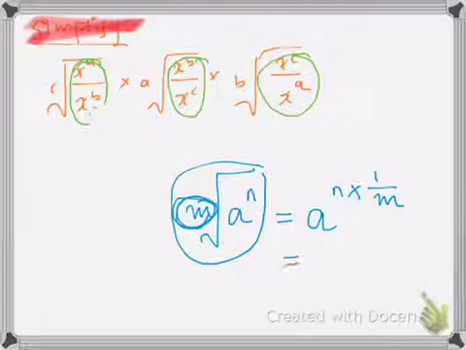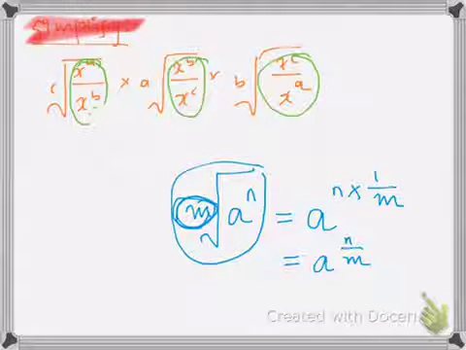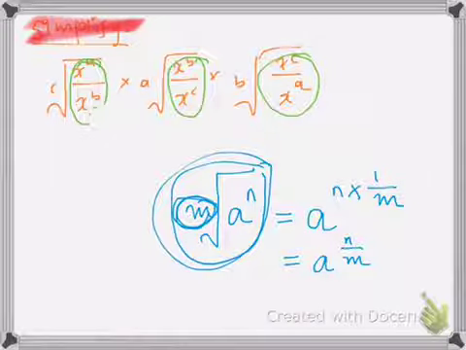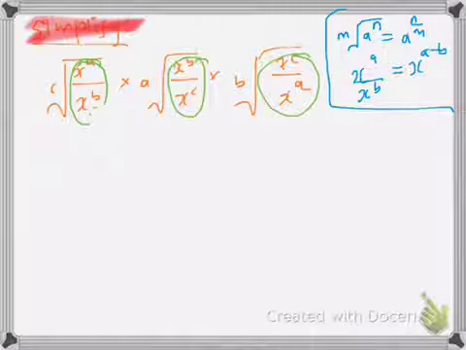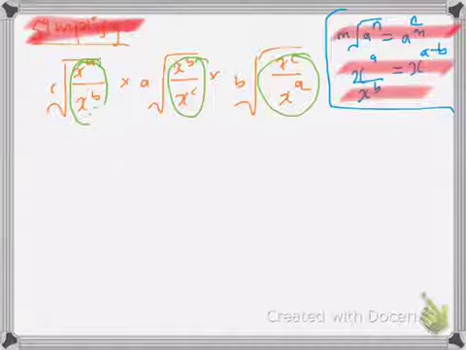So it becomes a to the power n divided by m. So any term in this form, mth root of a to the power n, can be written as a to the power n divided by m. These are the two things you need to remember while solving the question.